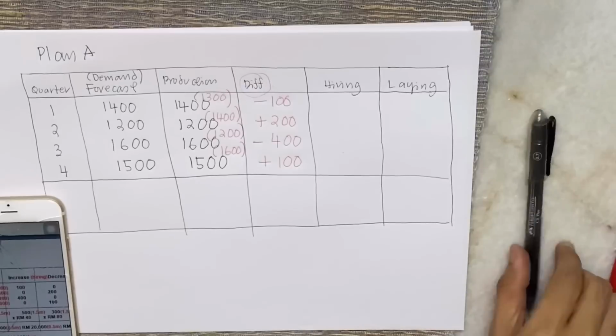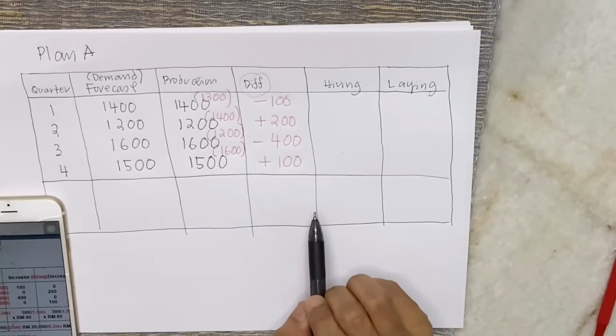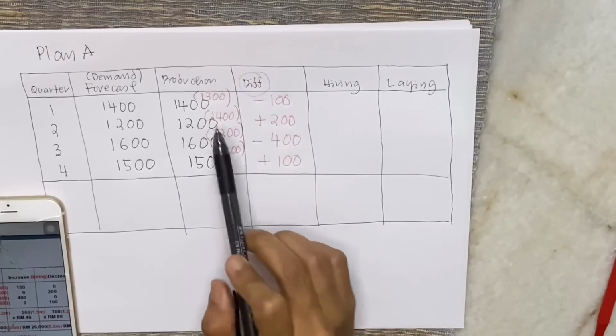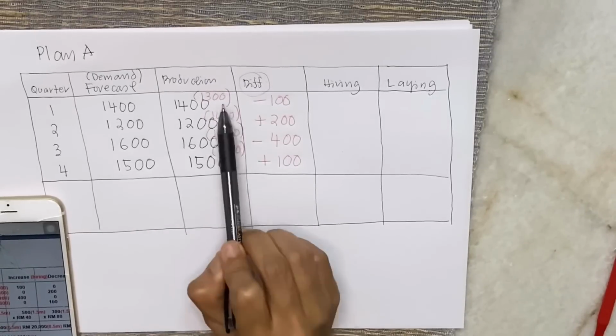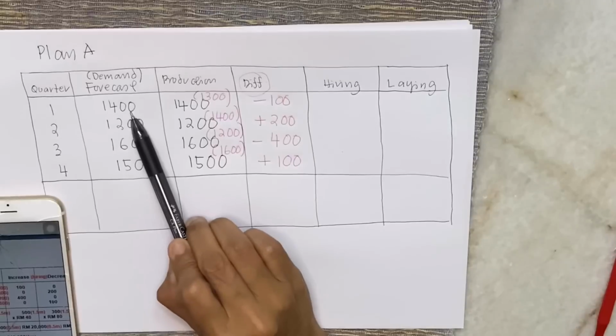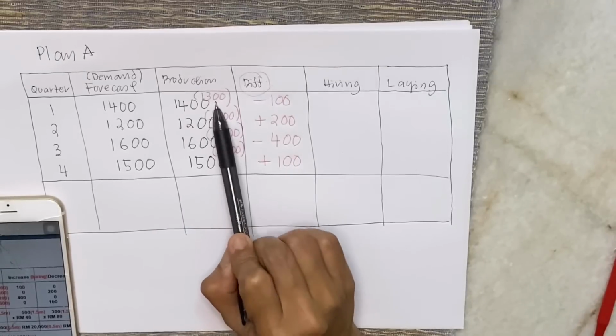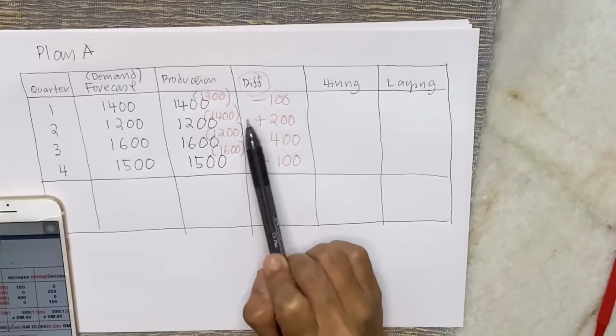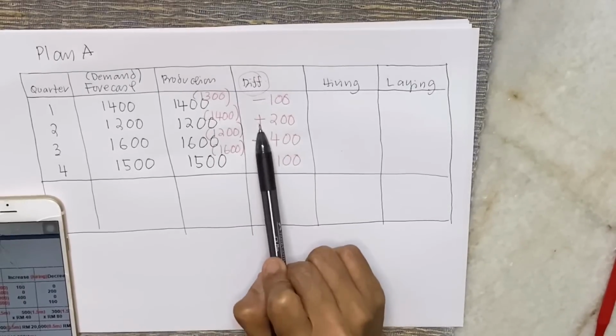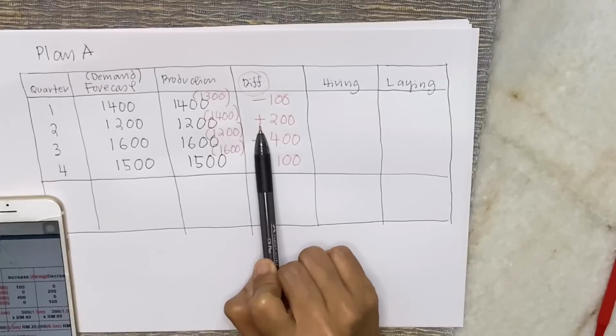Alright. So class, we got the differences. Again, the differences are obtained by extracting the productions and comparing the production and the demand. So if our production is lesser, then we put negative. If we produce more, we indicate it by a positive sign.